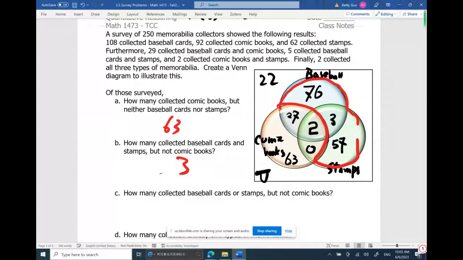So this region, right? And how many elements do we have there? We have 76 plus 3 plus 57. 3 plus 57 is 60. 60 plus 76 is 136.